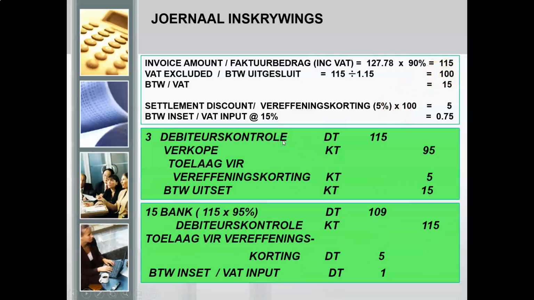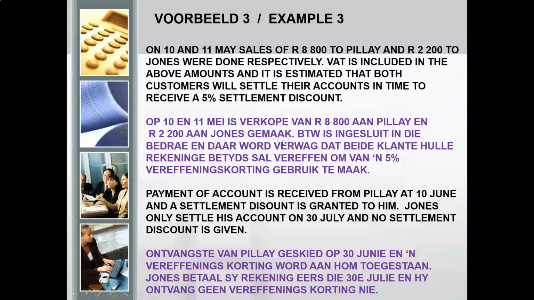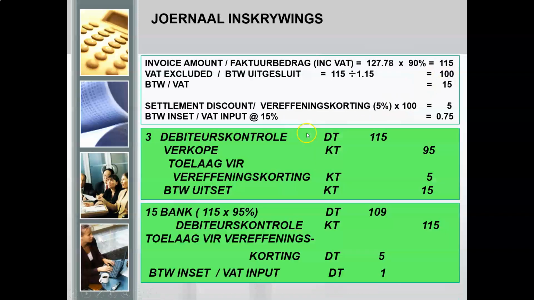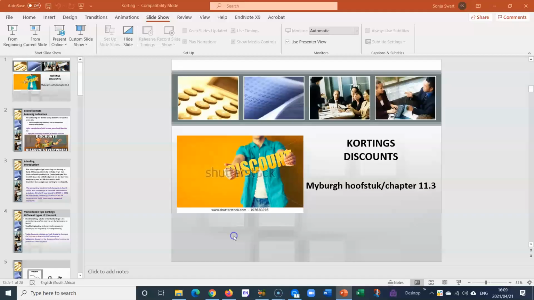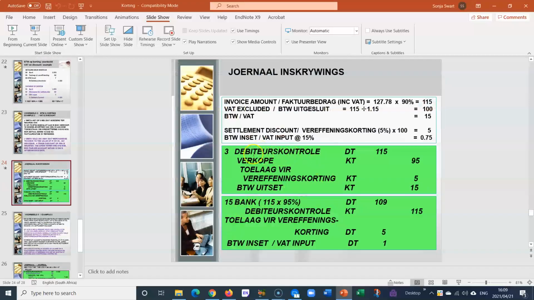So let's just post this. Sorry guys. Debtors control would have been debited with 115 Rand. Let me just do this for you. So that one is my debtors control account.